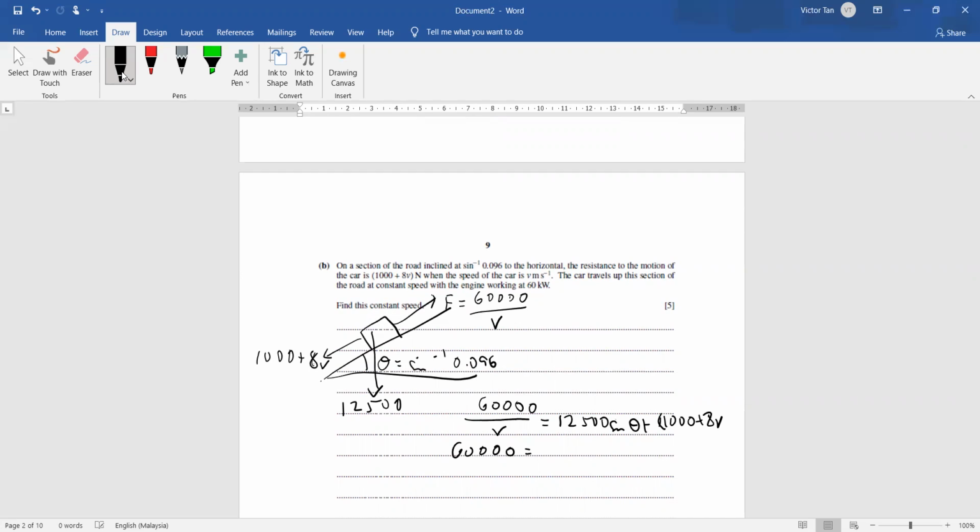Multiplying by V, 60,000 equals 1,200 V plus another 1,000 V plus 8V square. Rearranging, you get 8V square plus 2,200 V minus 60,000 equals 0.